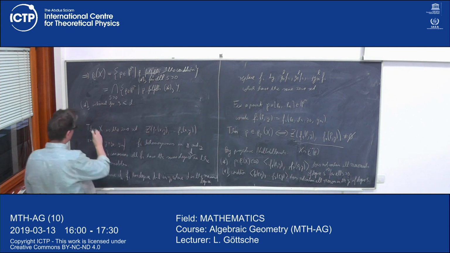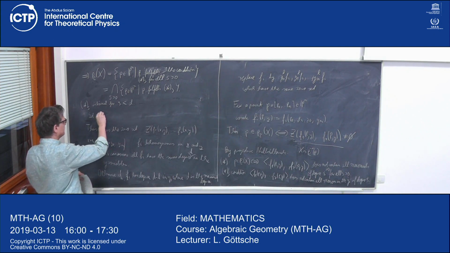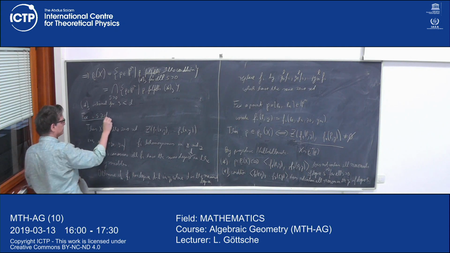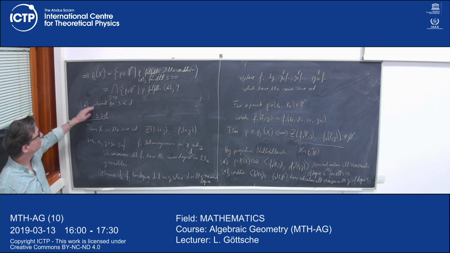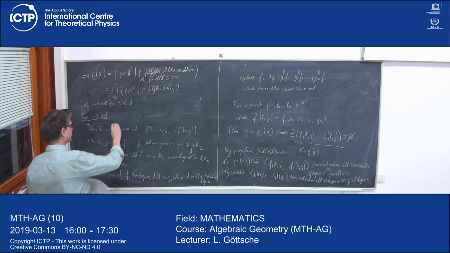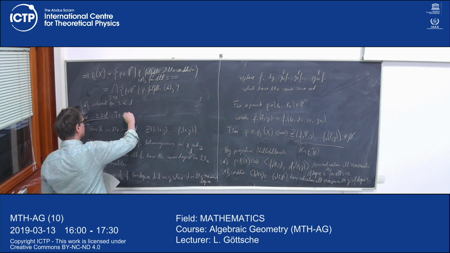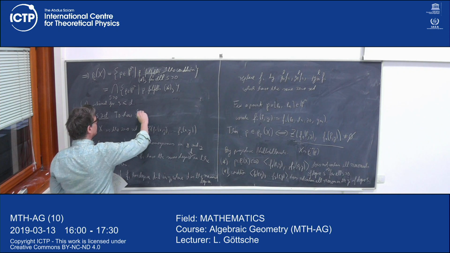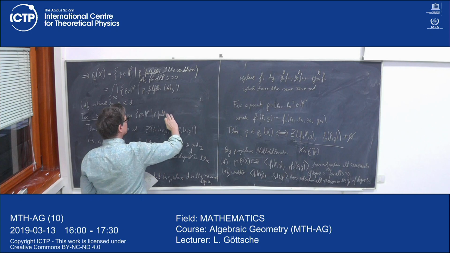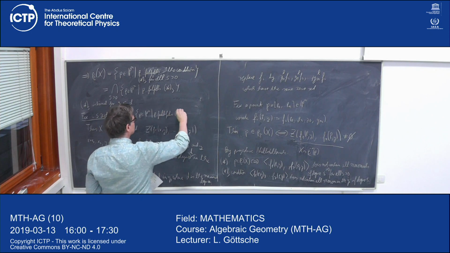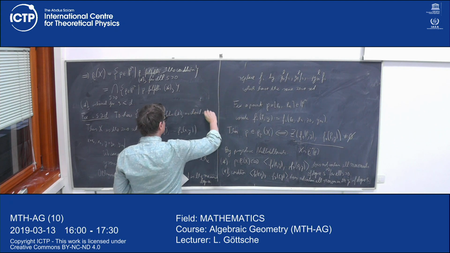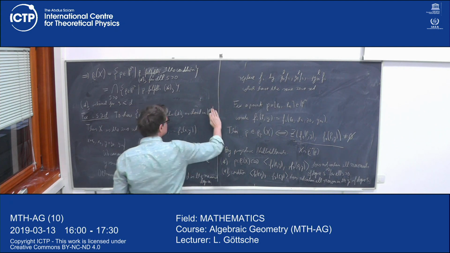So now let S be bigger or equal to D. So we fix S, and now we have to show that the set of all P in Pn such that P fulfills star S is closed in Pn.